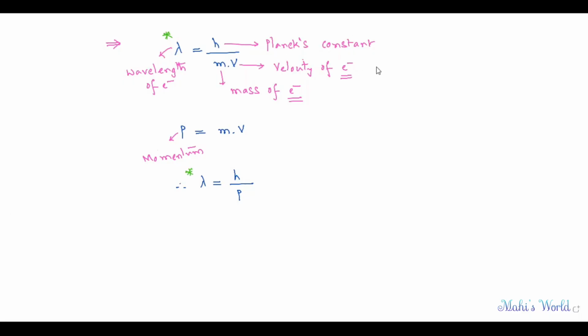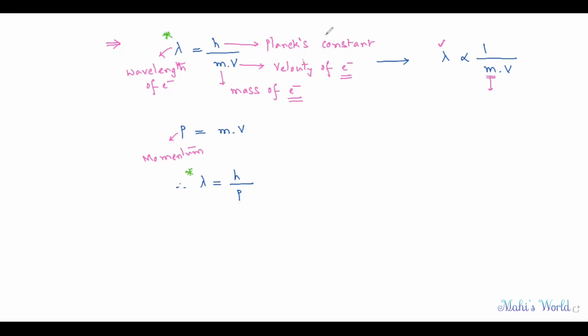You know, it is applicable in general to those with lesser mass. As we can see from this, lambda is inversely proportional to mass into velocity, since h is a constant. Lambda will be higher only when the mass is lesser. That is when we can calculate the value of wavelength.